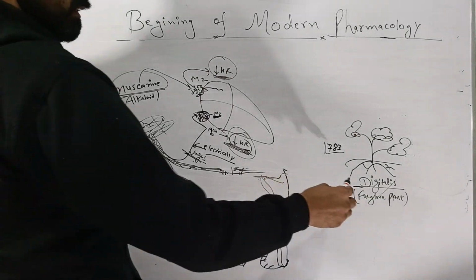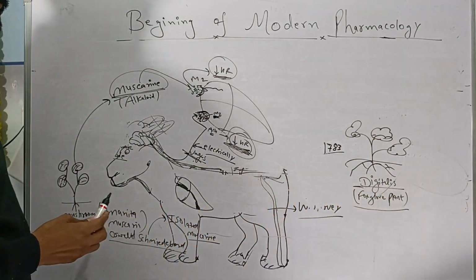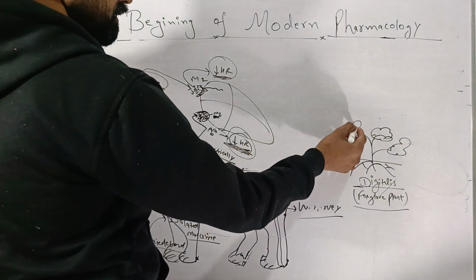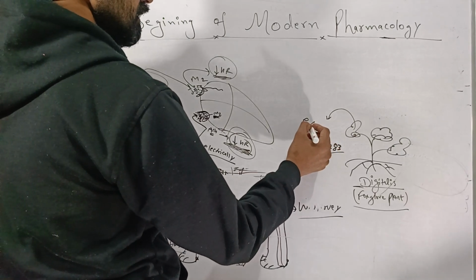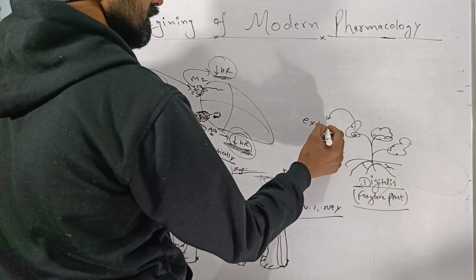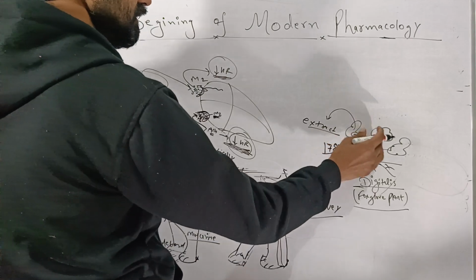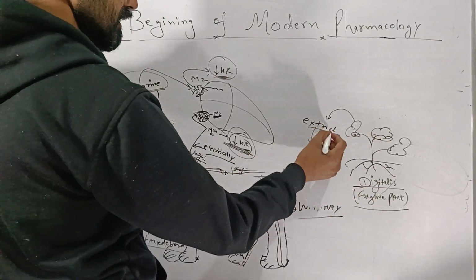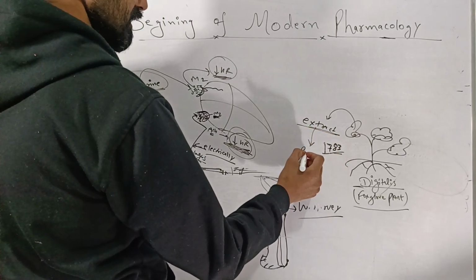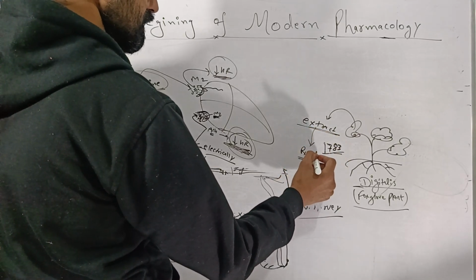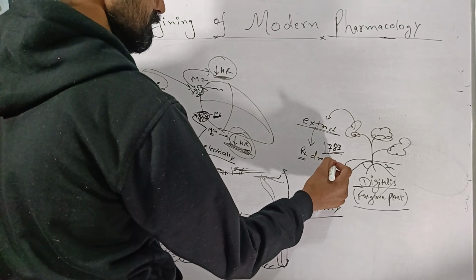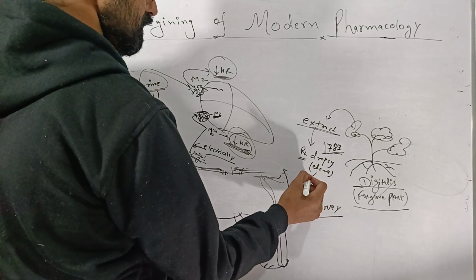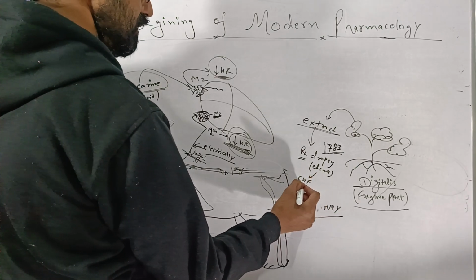The last plant is the foxglove plant, that is nothing but Digitalis purpurea. In 1783, it was reported that an extract of this foxglove plant can be used to treat dropsy, that is a form of edema caused by congestive heart failure.